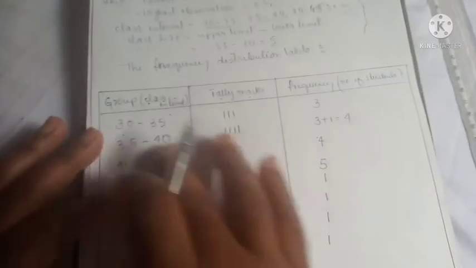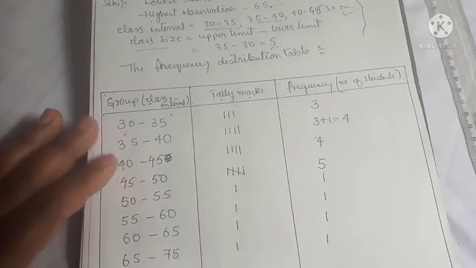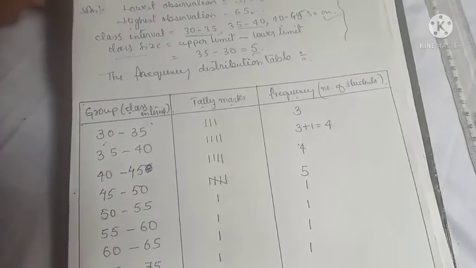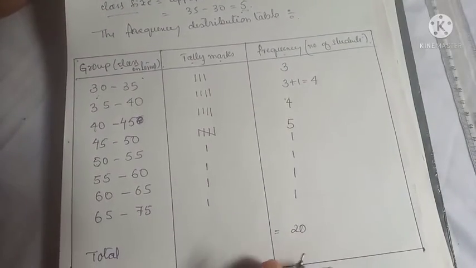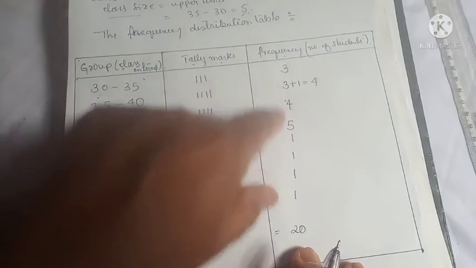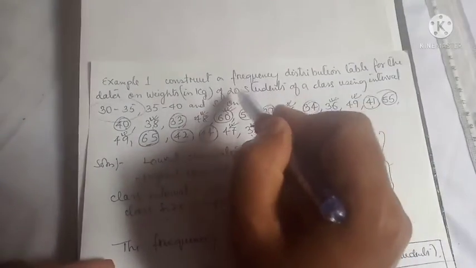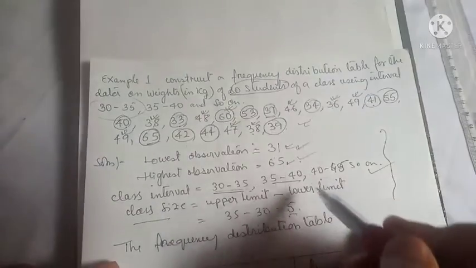Then your frequency table is correct. If the total number of students is not 20, then your answer will be wrong. Because in the question it says that there are 20 students.